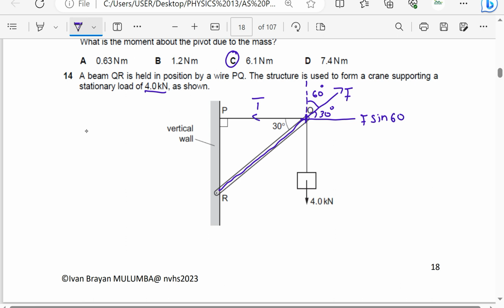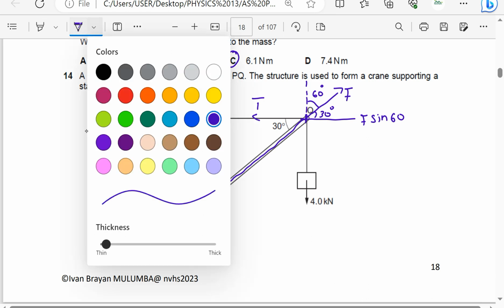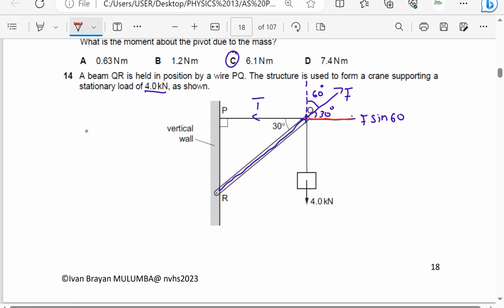Let me use a different color for resolving so that people can see I'm resolving. Resolving F to the horizontal using 60 to be F sine 60. If you want to use 30, it will be F cos 30. Then resolving F upwards, it will be F cos 60. Of course, if you use 30, it will be F sine of 30.